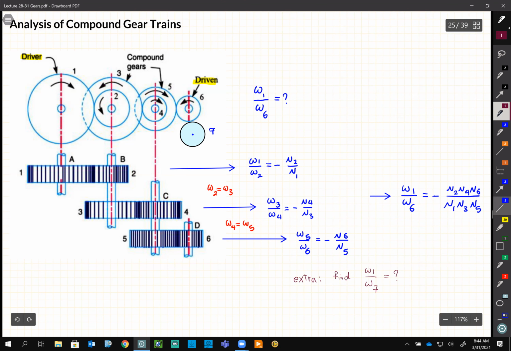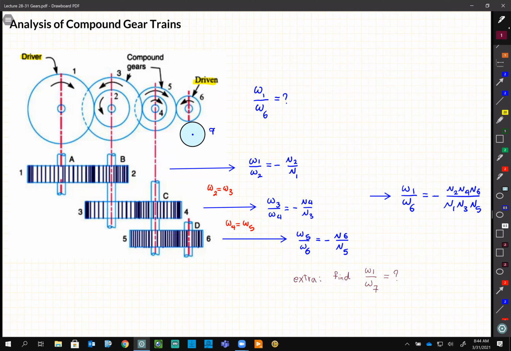And another thing, the gears do not always have to be, as I said, spur or helical. For example, let's say on this shaft, if I have a bevel gear, or conical gear, whatever you want to call it.